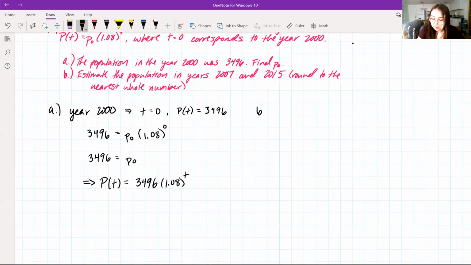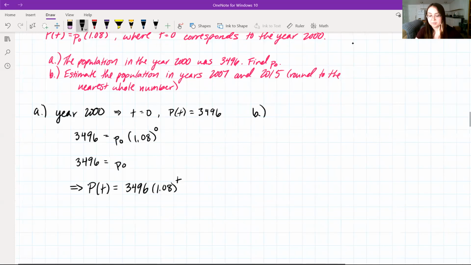So now for part B, we want to estimate the population in years 2007 and 2015. So what we're going to do for this is that we just want to plug in our value of t that corresponds to the year 2007 and for the year 2015.